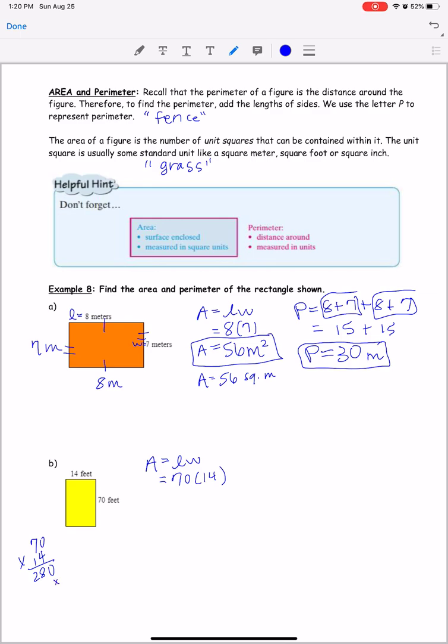Okay, skip a space. 1 times 0 is 0. 7 times 1 is 7. And now add. We've got 0, 8, and 9. So my area here is 980. We're in feet, and we're talking about squares, so feet squared.